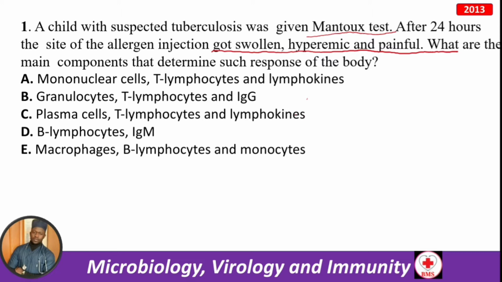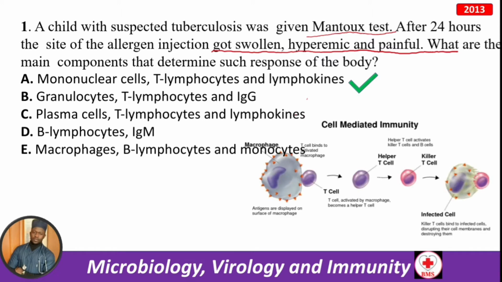You can see the whole pathway here. So the question is asking what are the main components that determine such a response of the body. The answer is A, mononuclear cells, T lymphocytes, and lymphokines.